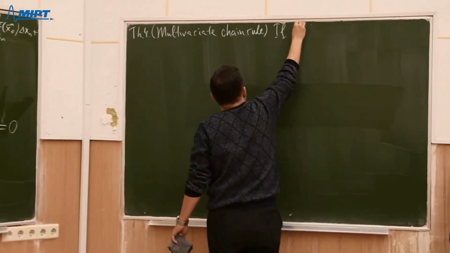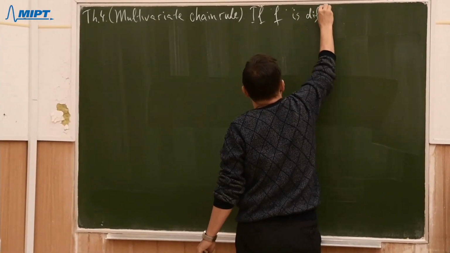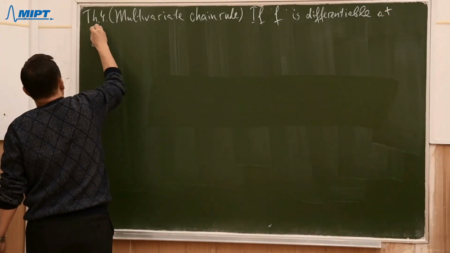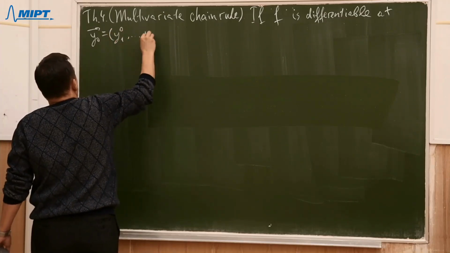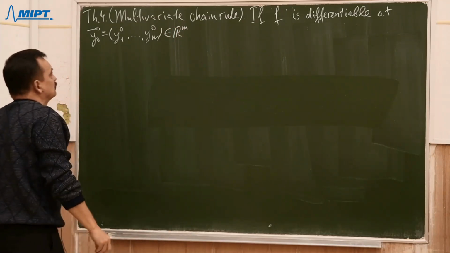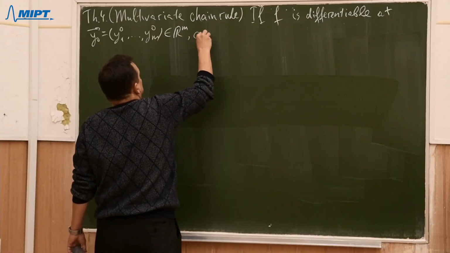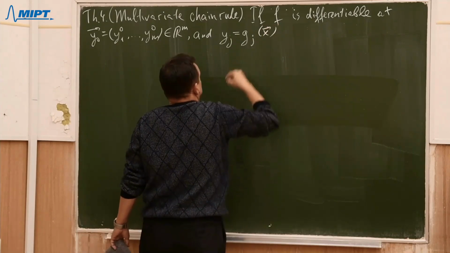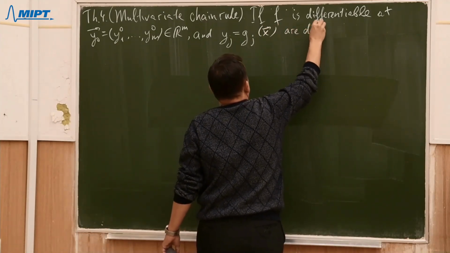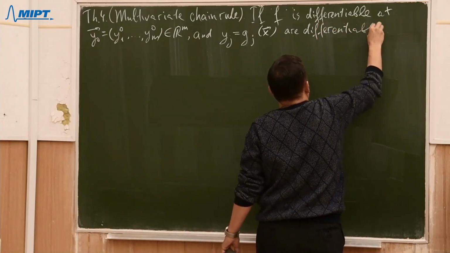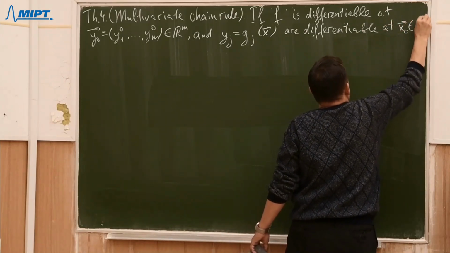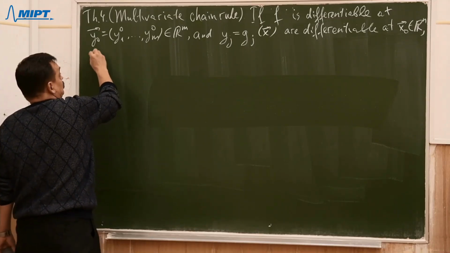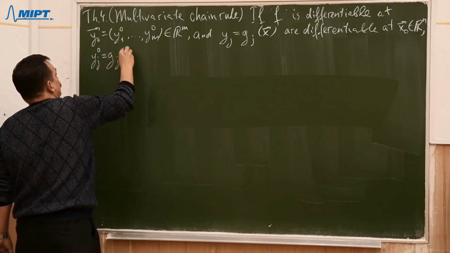So if f is differentiable at y naught equals to y1 naught, so on, ym naught in Rm, and the functions yj equal to gj of x are differentiable at x naught in Rn for all j, and also let me write yj naught equals to gj of x naught.